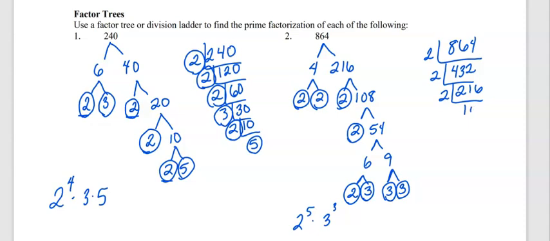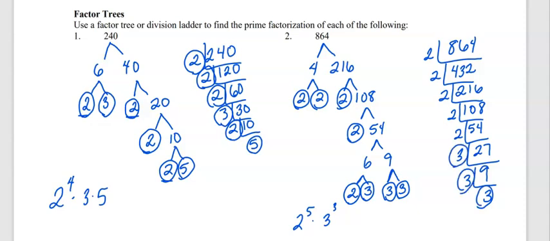Notice I keep dividing by a prime number to get 108. Can divide by 2 again to get 54. Can divide by 2 again to get 27. 27 is not divisible by 2, so I'm going to go 3 because I know that's prime, which is 9. Divide by 3, finally end with 3, and when you end with the prime number, you are at your answer.